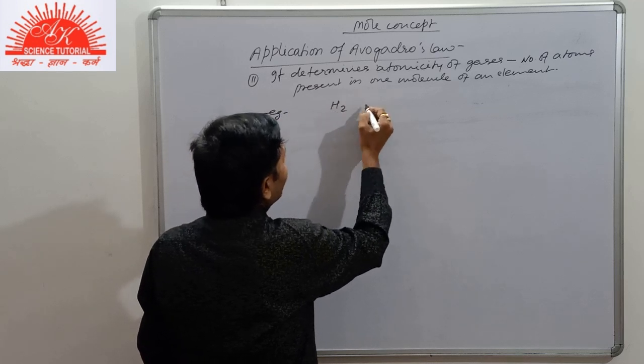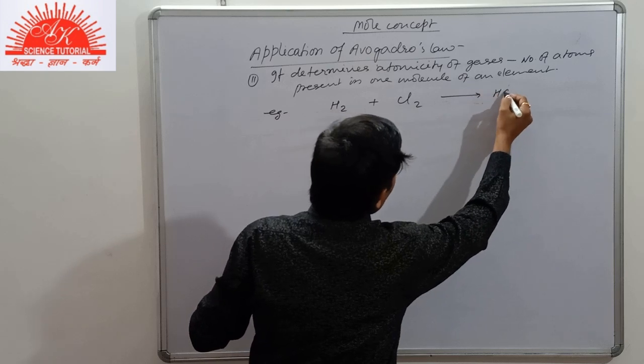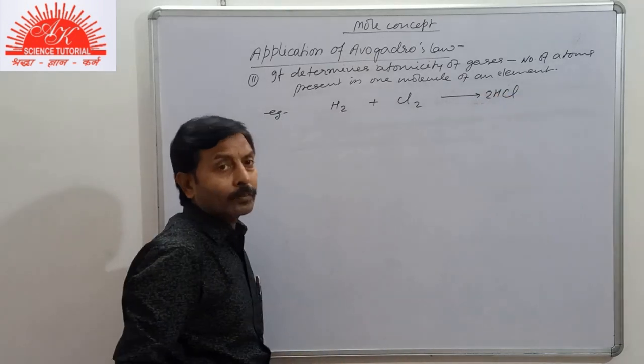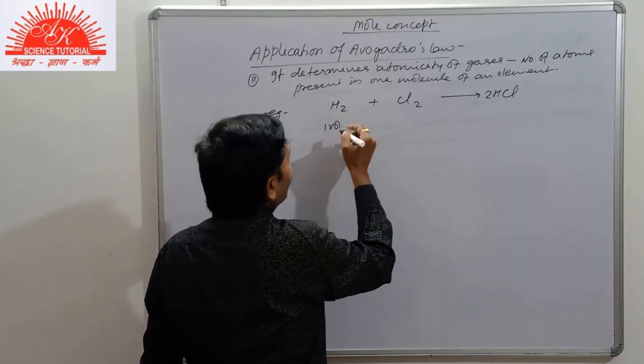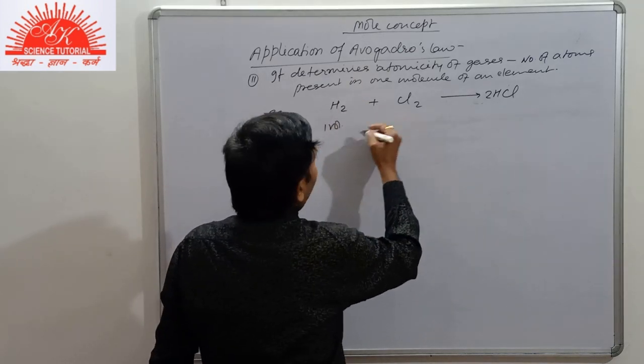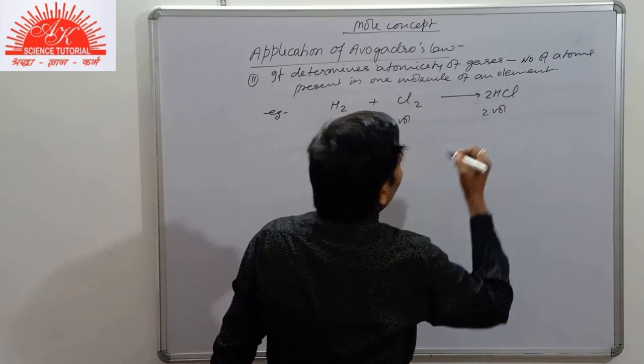if we write H2 plus Cl2 gives 2HCl. Here, according to Gay-Lussac's law, it is one volume, and then it is two volume.